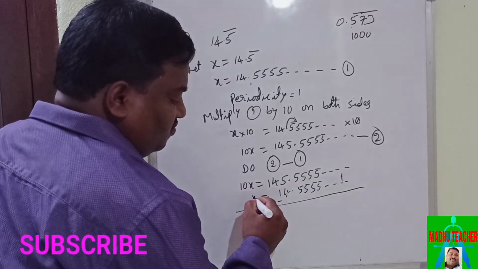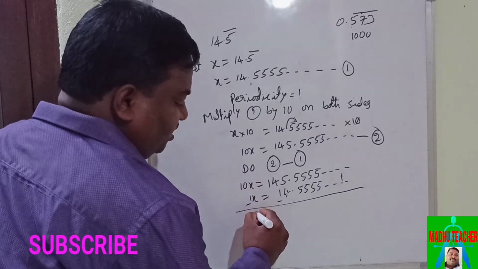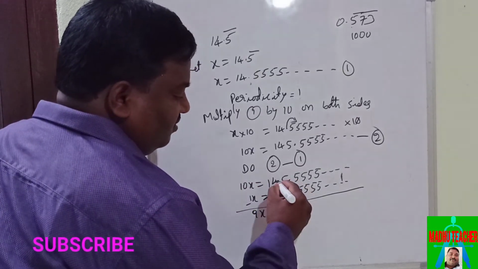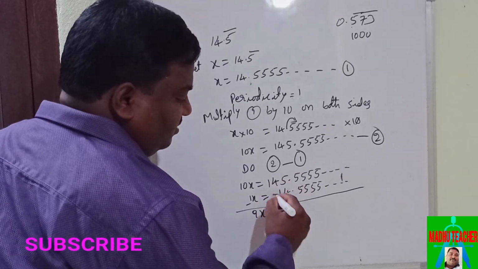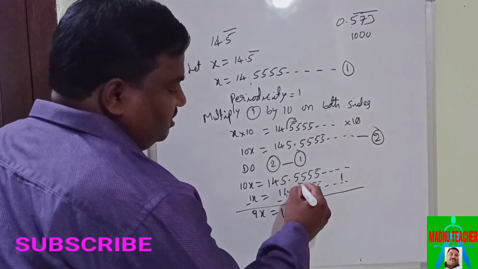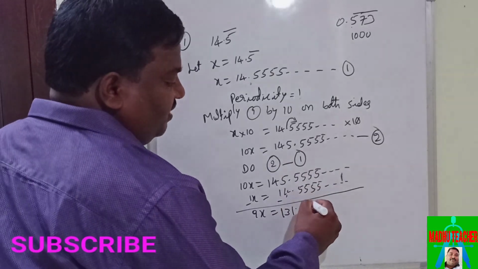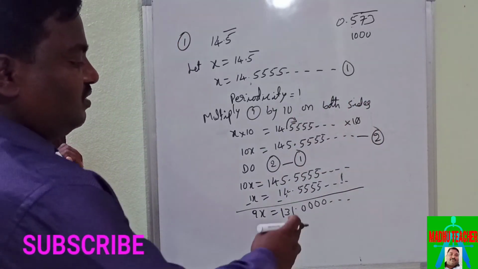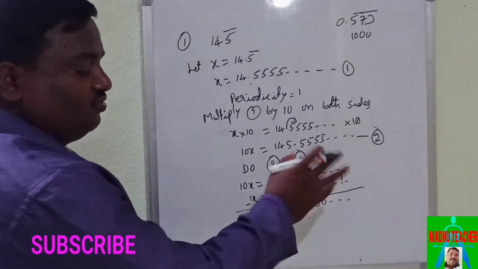10x minus x, x means 1x, 10 minus 1 is 9x, equals 5 minus 4 is 1, 4 minus 1 is 3, so 131 point. 5 minus 5 is 0, and so on, all zeros. After the decimal point we have all zeros, so no need to write.